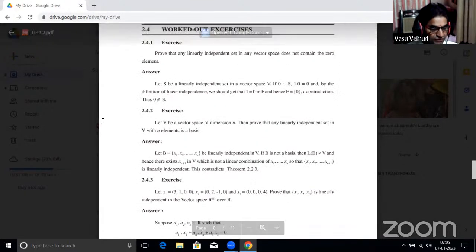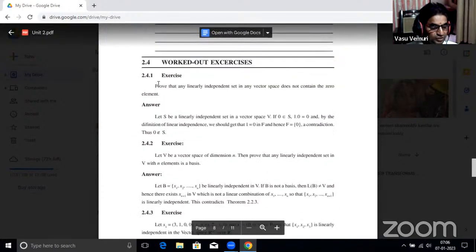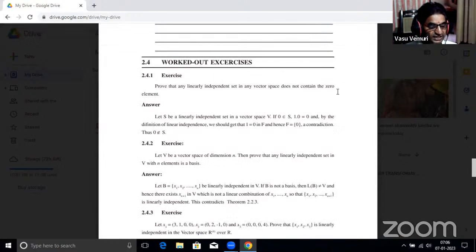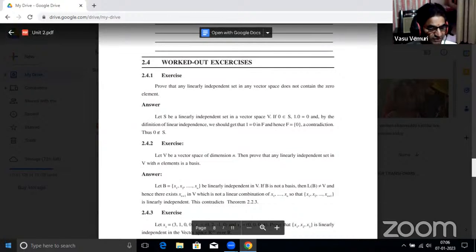These examples are also very important in the final exam. Prove that any linearly independent set in any vector space does not contain the zero element. It's very simple. This is one of the short answers, a short problem for 5 marks.